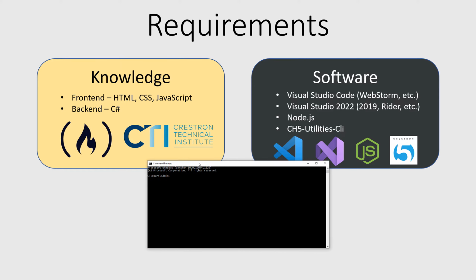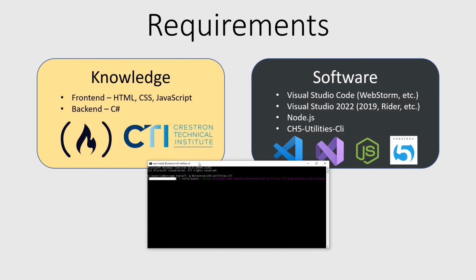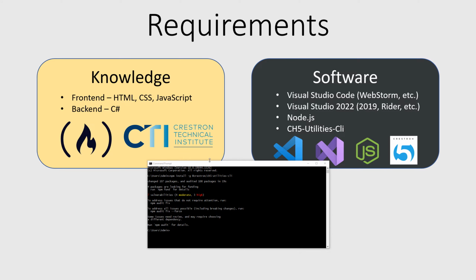You can do that by typing in the command prompt npm install -g @crestron/ch5-utilities-cli. -g means that this will be installed globally.